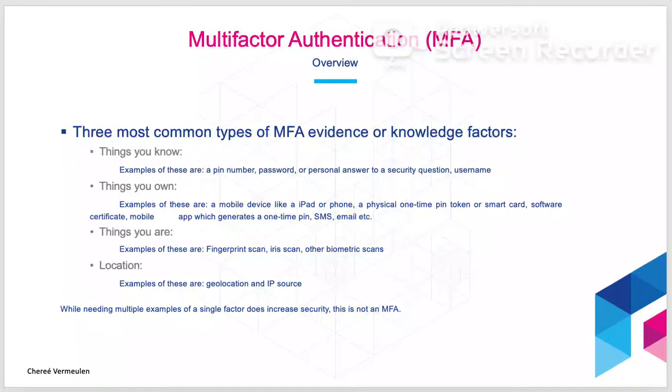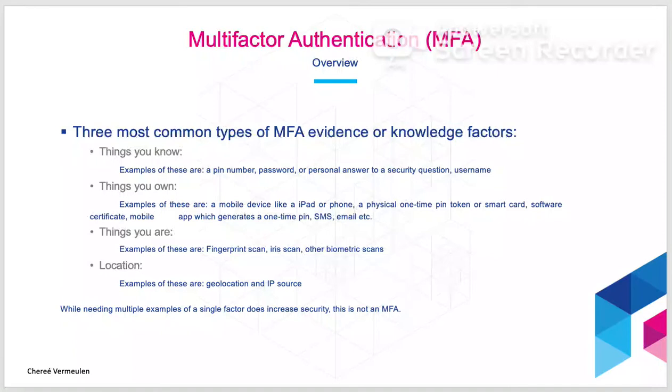Things you own would be a mobile device or an iPad, a phone, a physical one-time PIN token, perhaps a software certificate, a mobile app which generates a one-time PIN, an SMS, email, etc. Now, things you are, examples of this would be biometric scans like fingerprint scans, iris scans, etc. Location would be your geolocation and IP source.